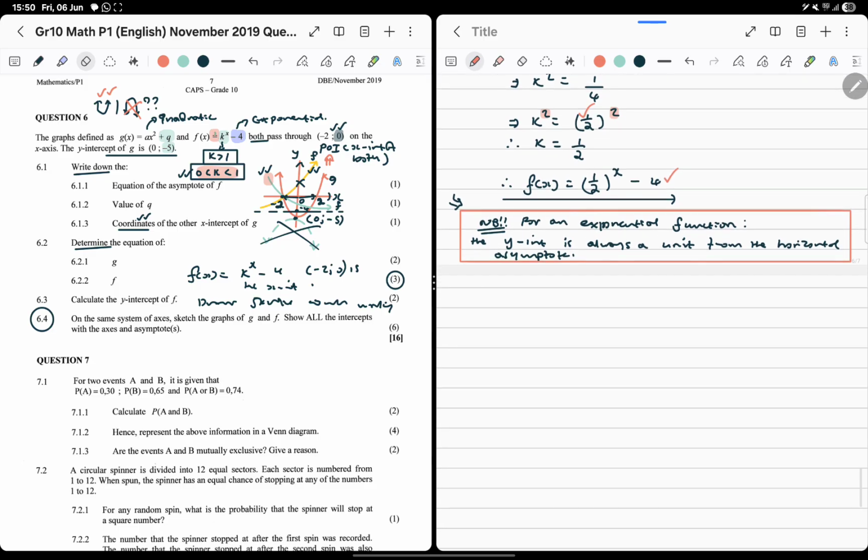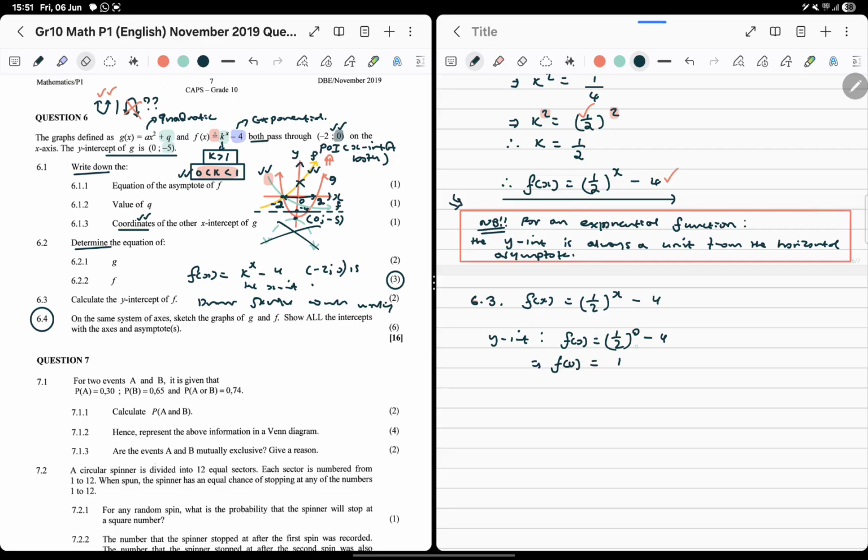Now 6.3. 6.3 says calculate the y-intercept of f. Okay. f of x is (1/2) to the exponent x minus 4. So we can say the y-intercept is such that f of 0 is (1/2) to the 0, minus 4, which implies that f of 0 is going to be 1.